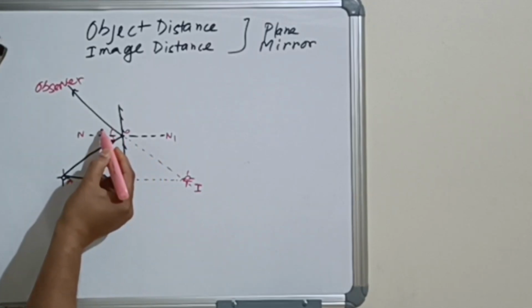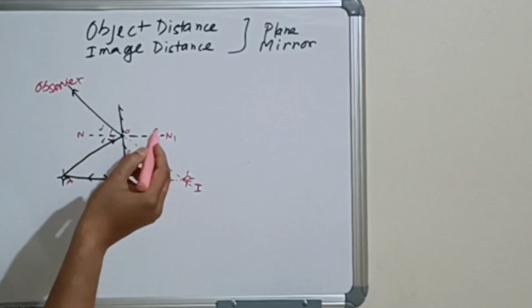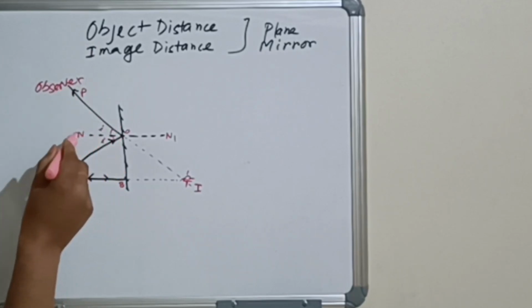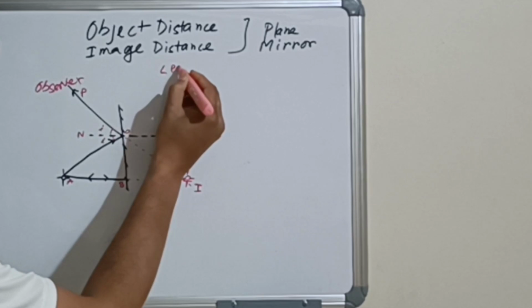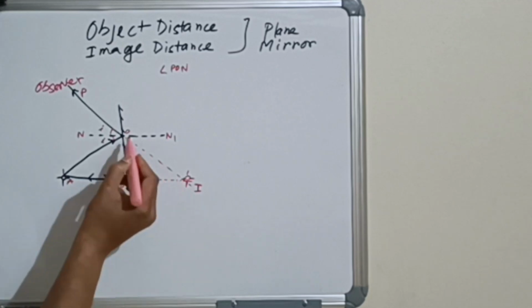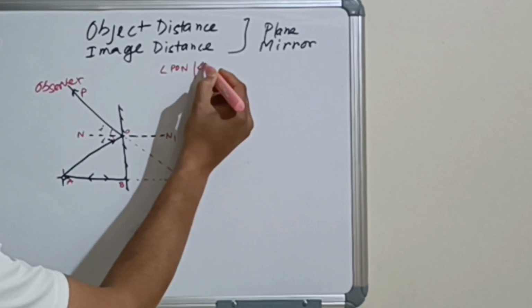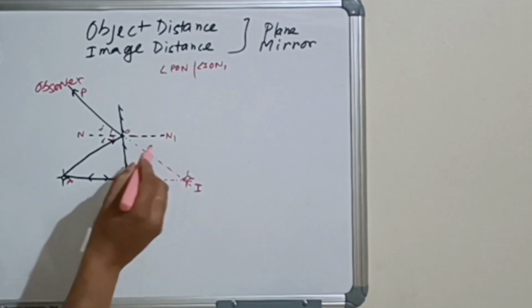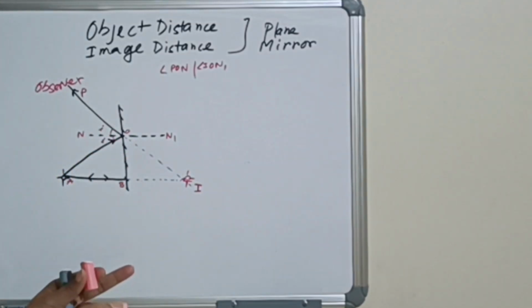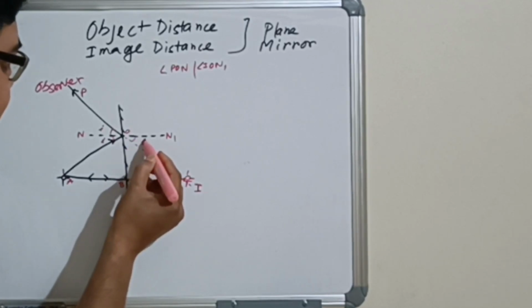Obviously, it should be I. Now see, this is the ray, let's say P. Angle PON and angle ION1 are two vertically opposite angles. Therefore, they are equal. Hence, it will obviously be I.